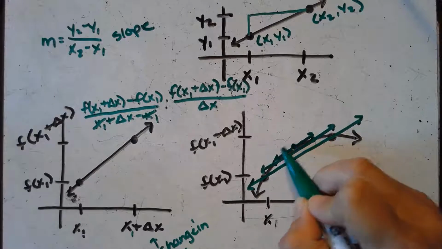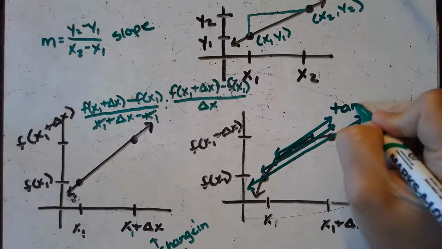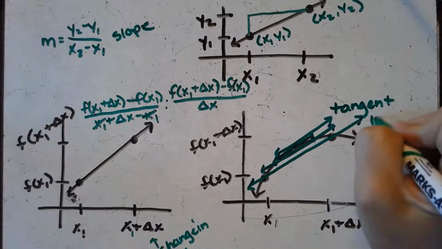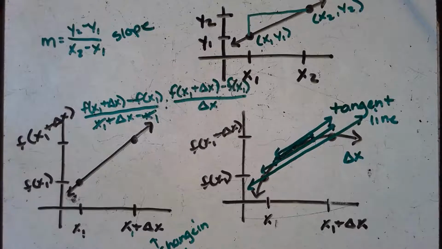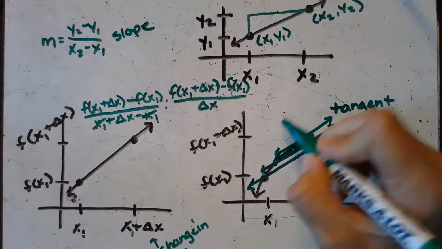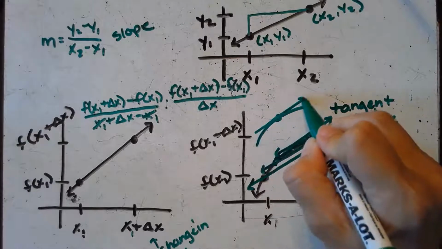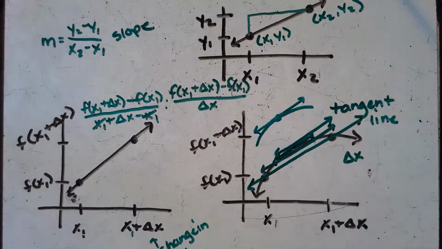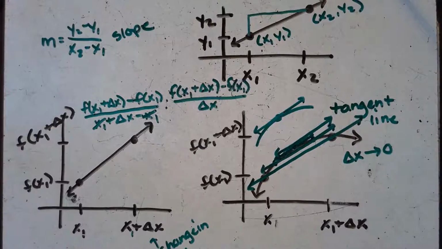And then I ultimately make it smaller here to where it is a tangent line. Where did delta x just go to? Okay, when it's a tangent line, just recall, and I know it's hard to see, tangent line means it rubs up right against right there and only touches once. So this would be as delta x basically goes to 0. The line becomes a tangent line and touches the graph at one point.